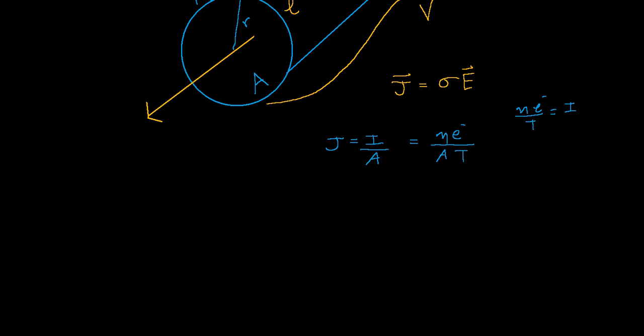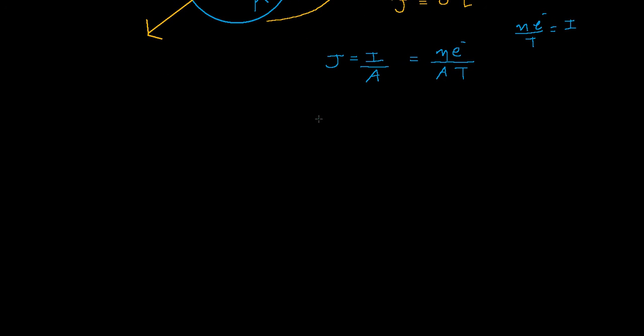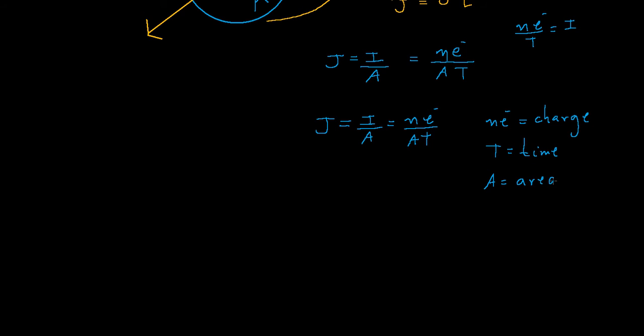So we have that J is equal to I over A, which is simply equal to n e minus over A t, where n e minus is charge, t is time, A is the area, and I is the current.